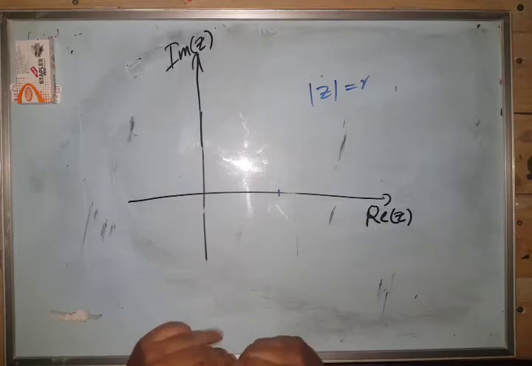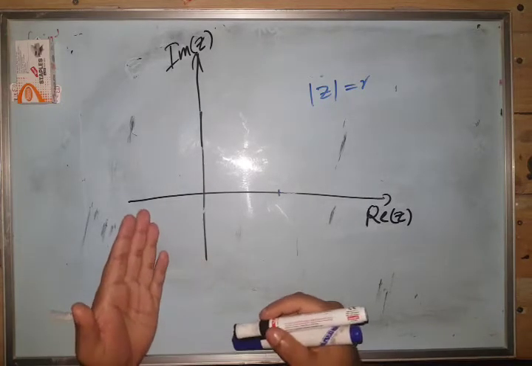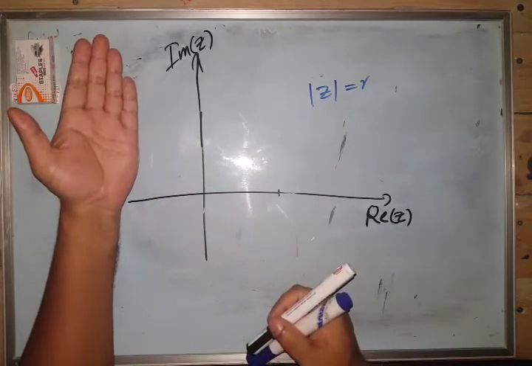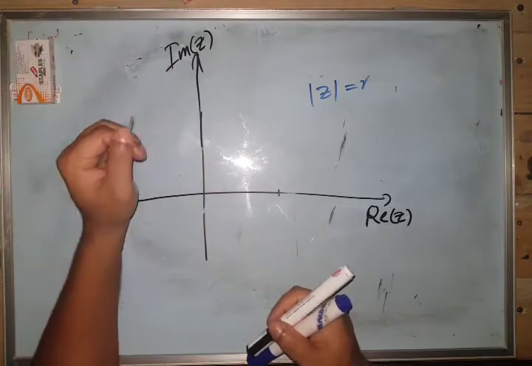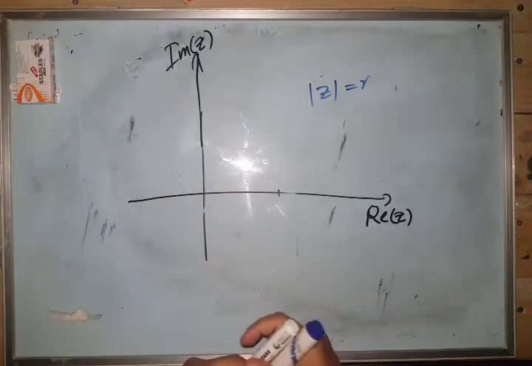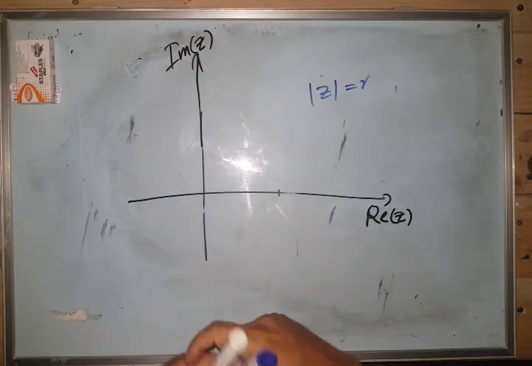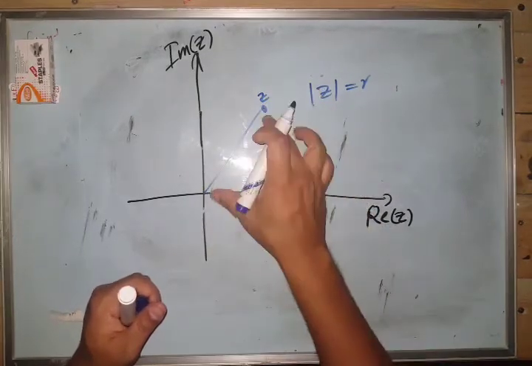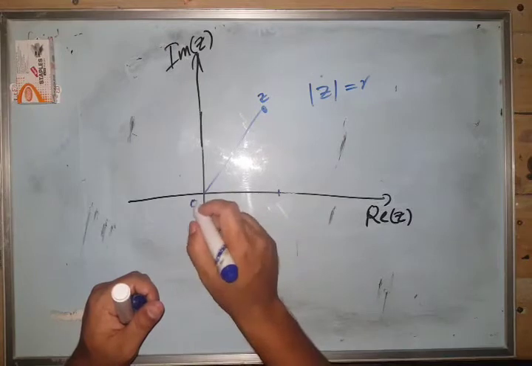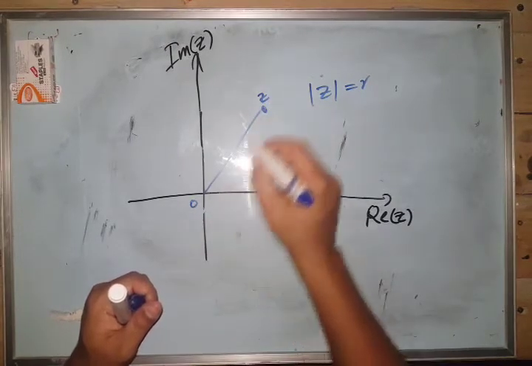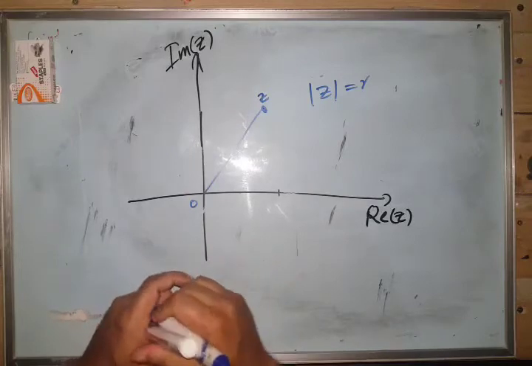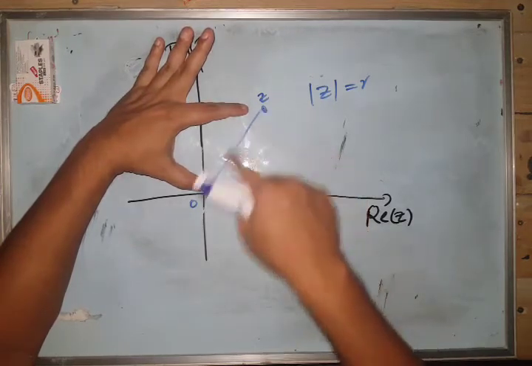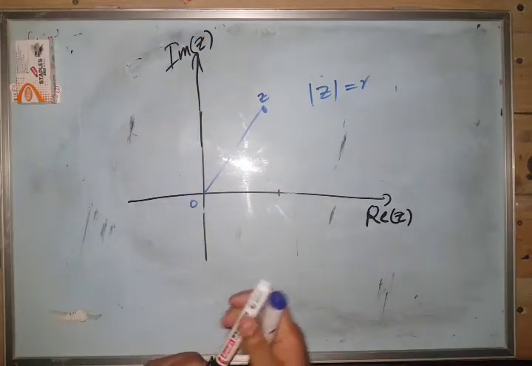Now here's the thing: you already know that complex numbers can be represented in two forms. The first form is a plus ib, which is the Cartesian form, and the other form is the polar form. In the polar form, any point z can be represented by the distance between 0 and that point. If you only restrict yourself to the distance, there will be many choices.